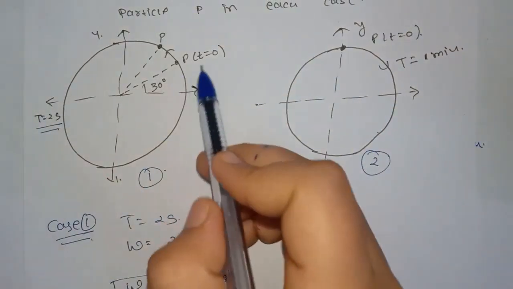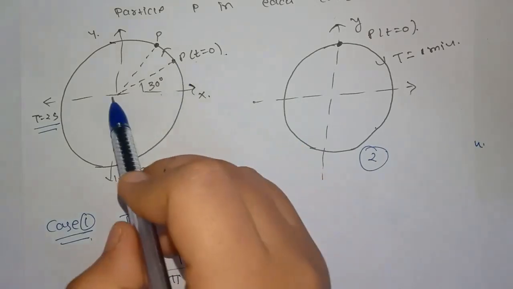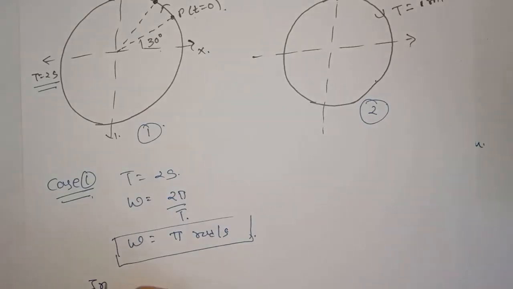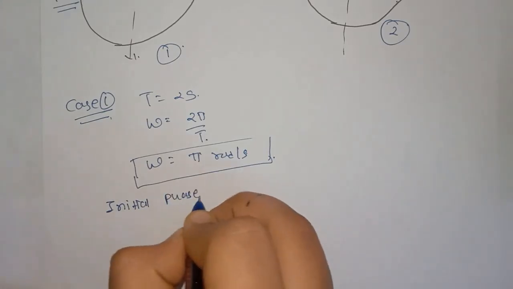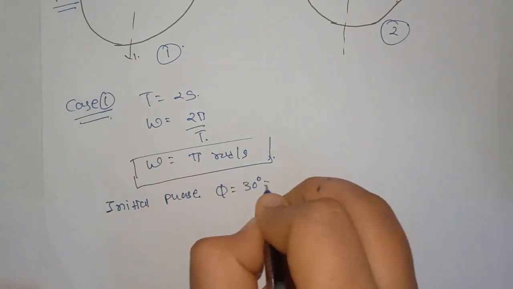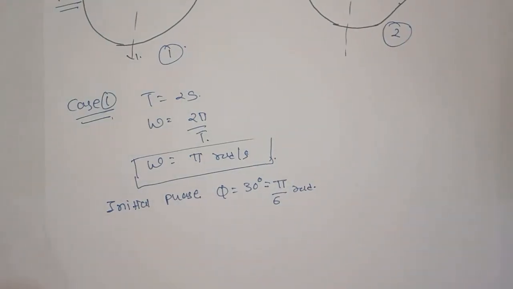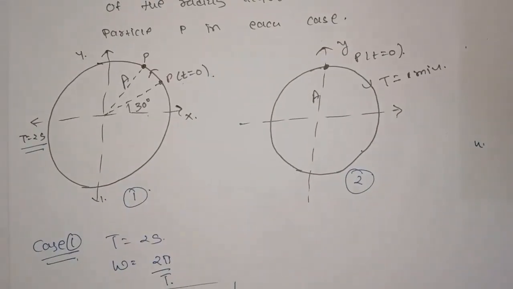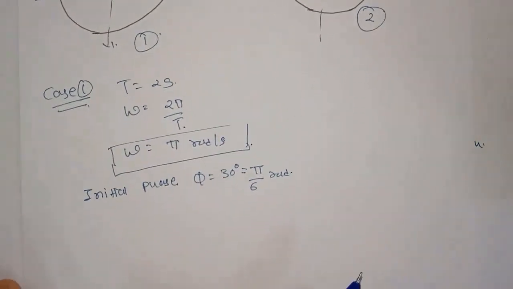Now at t is equal to 0, the particle is at point P making an angle 30 degree with the positive x-axis. That means the initial phase of the particle will be 30 degree, that is equal to pi by 6 radian. The radius of the circle is given as a, so the amplitude will be a.